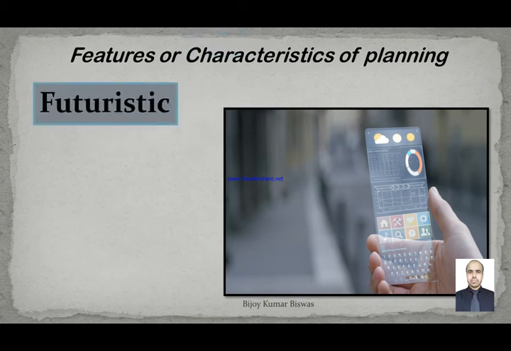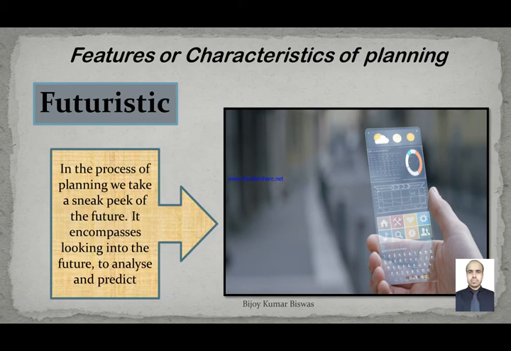The company's board of directors, executives or administration are now thinking about the future. In the future, they will give this type of smartphone. Now they have made a demo feature of the phone. So in the process of planning, we take a sneak peek of the future. It encompasses looking into the future to analyze and predict. So this picture is very perfect for futuristic.